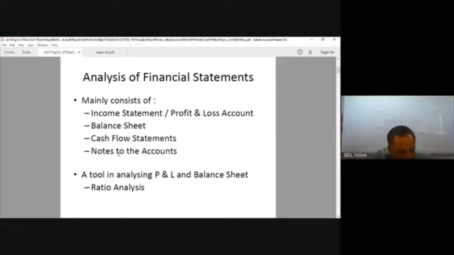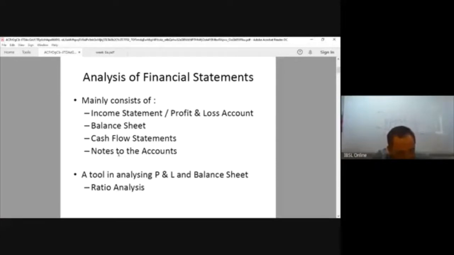So it's for a period. It will say profit and loss account for the year ended 31st March 2021. That means this is for 1 year, commencing from 1st April 2020 to 31st March 2021.